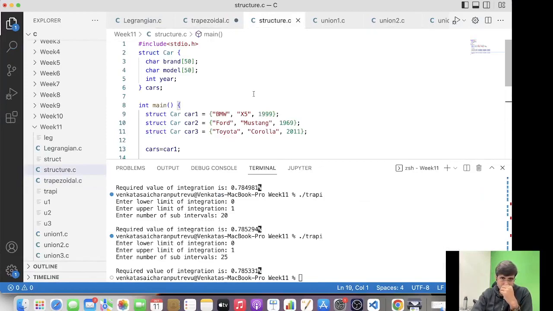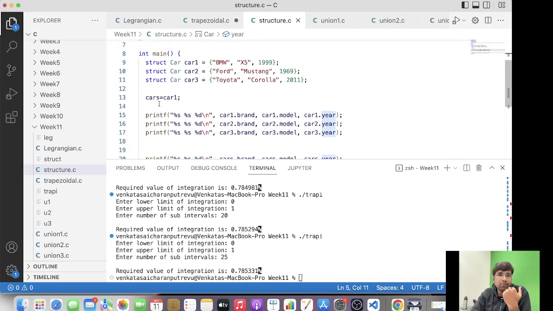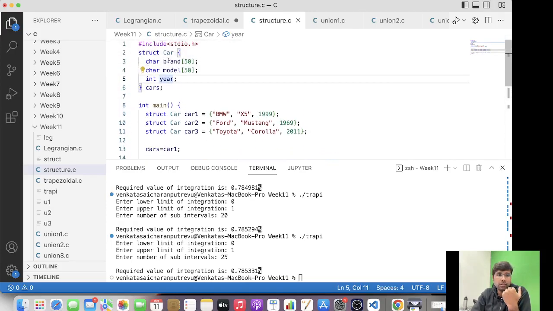Let us assume this is a structure, struct car. I want three variables in this structure: brand, model, and year. You need to define the structure before main, so I make it global.